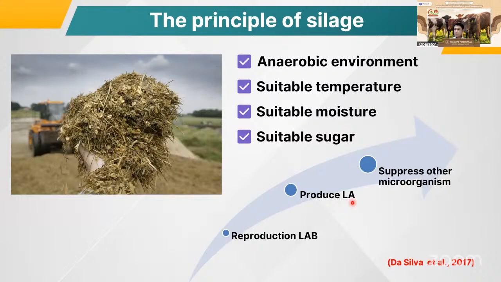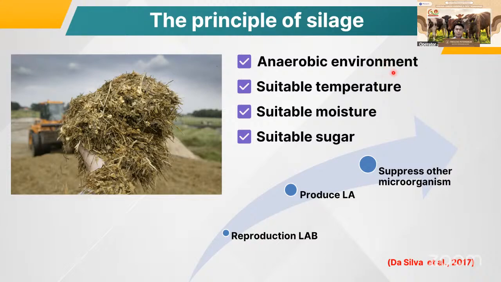So this is the principle of silage. This slide is a summary of four essential principles for successful silage production. First, you can see that when we talk about silage, an anaerobic condition is very important in order to provide an environment where microbes, namely lactic acid bacteria, can work well to generate lactic acid and decrease pH.